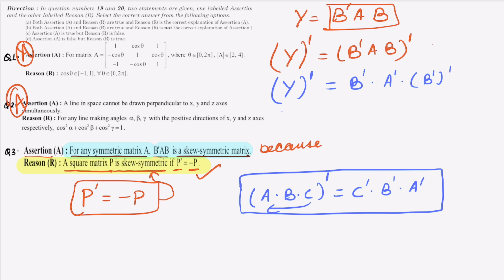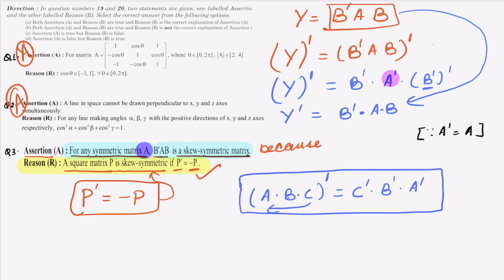So from here we can write that transpose of Y is equals to B transpose into, now watch carefully, what we are given that matrix A is symmetric matrix, and we know that since transpose of any symmetric matrix is equals to original matrix, so here transpose of A will be equals to A only, and we know that if we transpose a matrix and again take transpose, then it will become original matrix only, so it will become B.